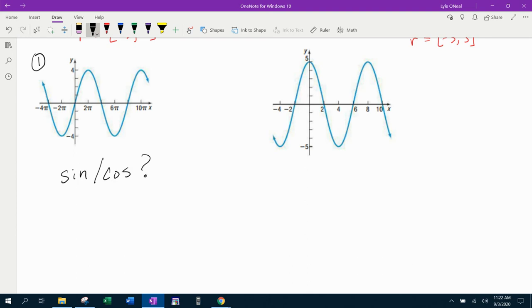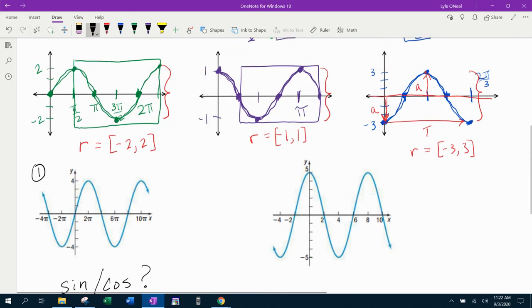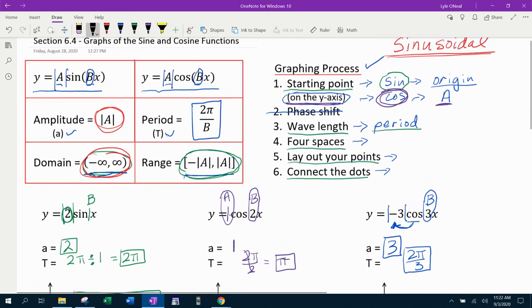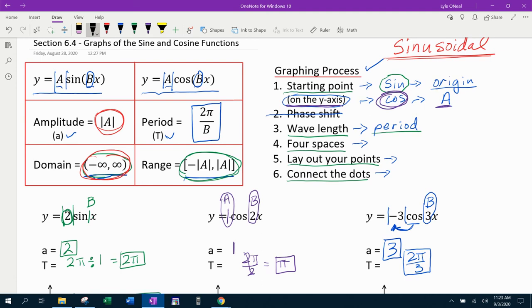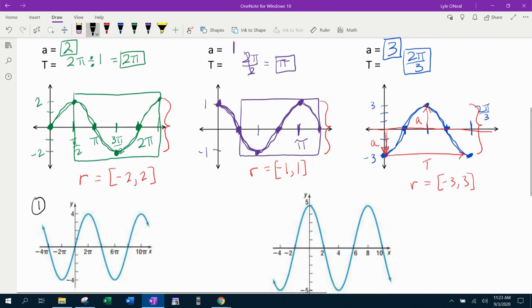you need to determine, is it going to be a sine or a cosine function? And if you go back up here to our notes, remember that the starting point, whether it's at the origin or the A, will tell you, if you do this backwards, where it starts will tell you whether it's a sine or a cosine.